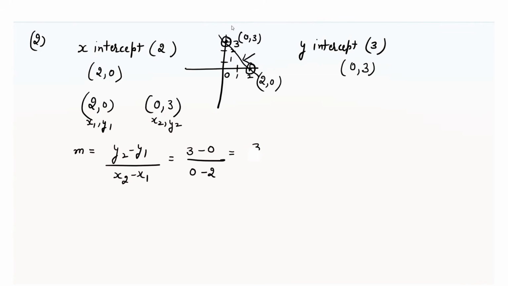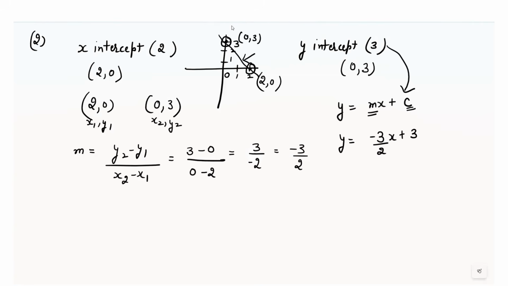So we get 3 over negative 2, which is equal to negative 3 over 2. Now, according to the second way, the equation of the line can be written as y is equal to mx plus c, where m is the slope which we have already calculated and c is the y-intercept which is already given as 3. So we write y is equal to minus 3 over 2 x plus 3.